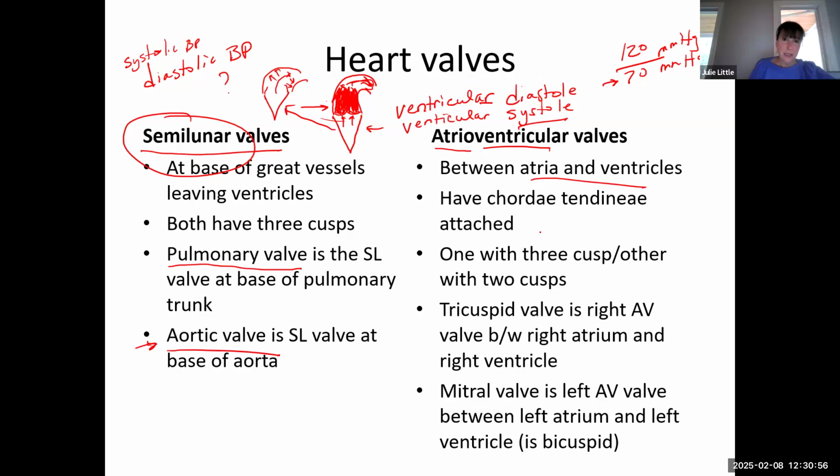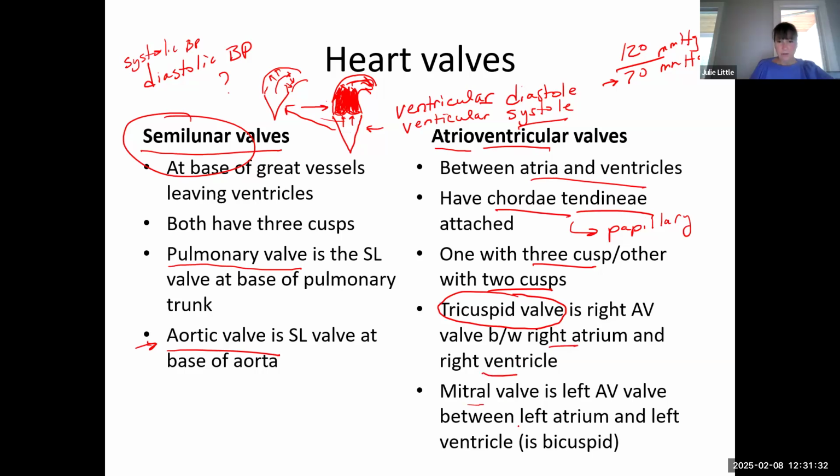So these ones are very easily recognized because they're between the atria and the ventricles, and they also have the chordae tendineae attached to them, and the chordae tendineae are attached to papillary muscles, and so they're quite obvious when you're looking for them in a dissection. One of the atrioventricular valves has three cusps and the other has two. It's the one on the right side that has three cusps, hence the name, the tricuspid valve. It is between the right atrium and the right ventricle.